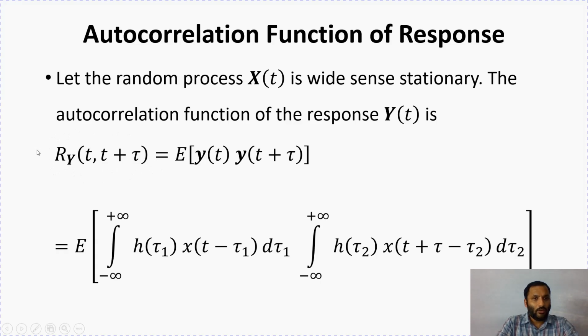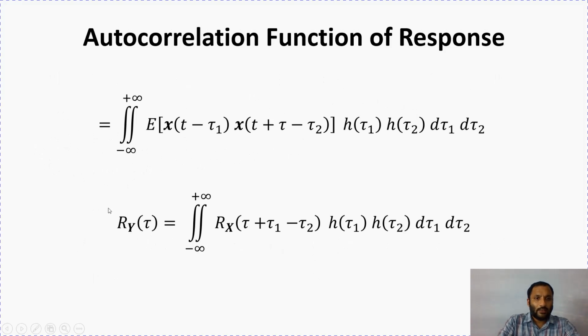We don't know, because the input is given as a Wide-sense stationary process, but we do not know whether capital Y is also Wide-sense stationary. To see that, look at the right hand side of the final expression we have got. Do you see the time point t, the variable t, anywhere in this expression?